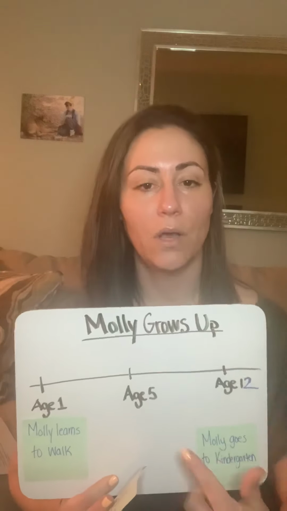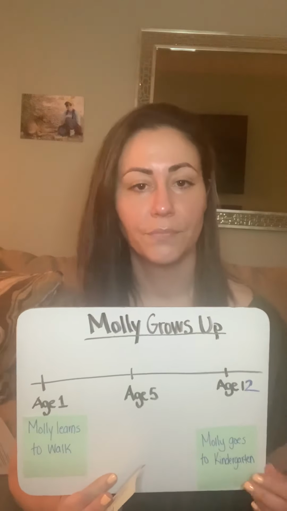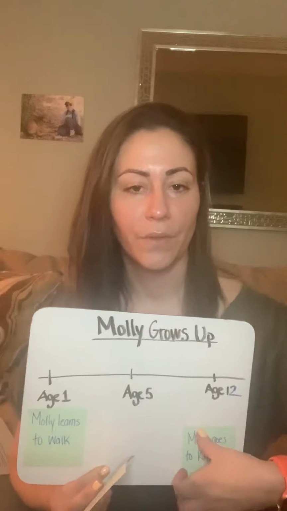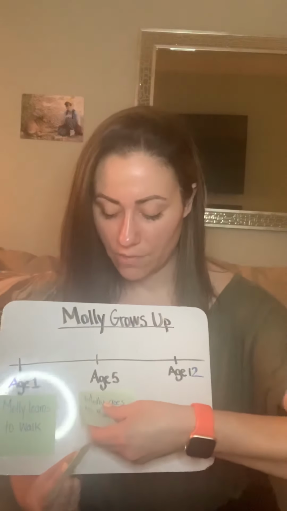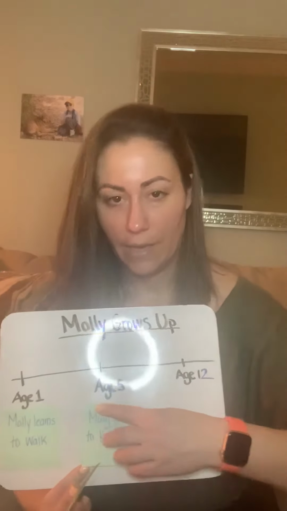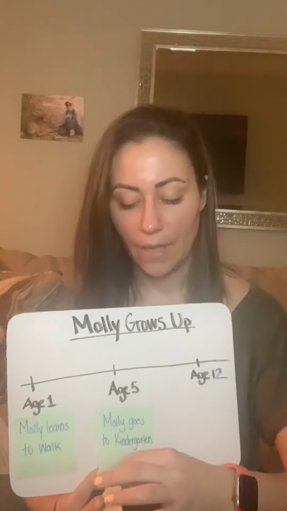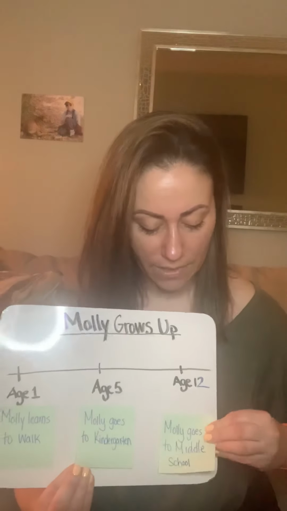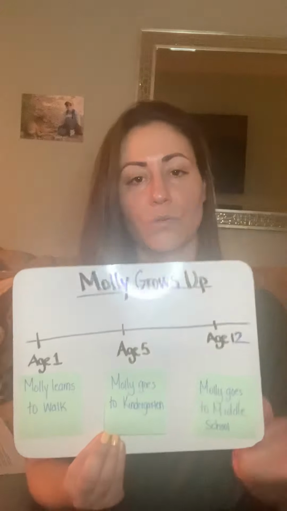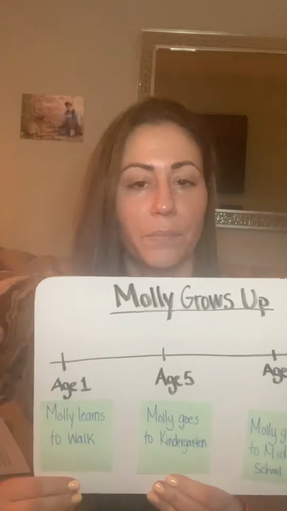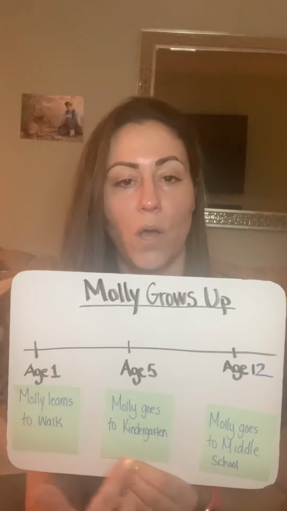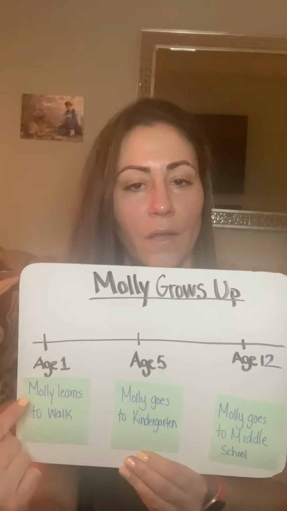What do you think belongs for age 5? Kindergarten, right? So we would take this life event and put it here. And then last but not least, Molly goes to middle school. And then we would have a complete timeline from ages 1 to 12.